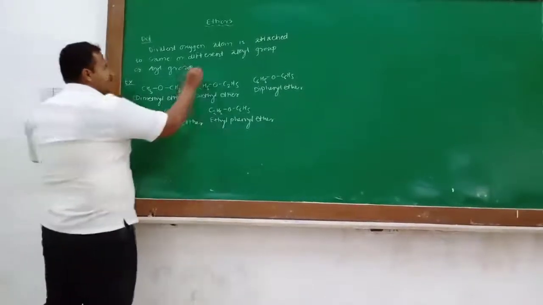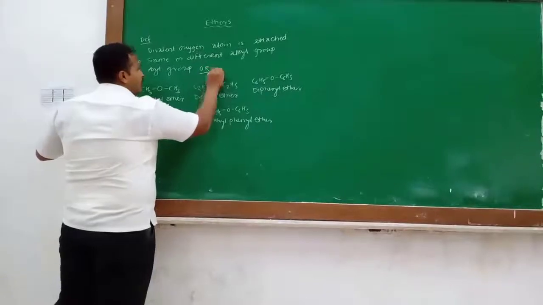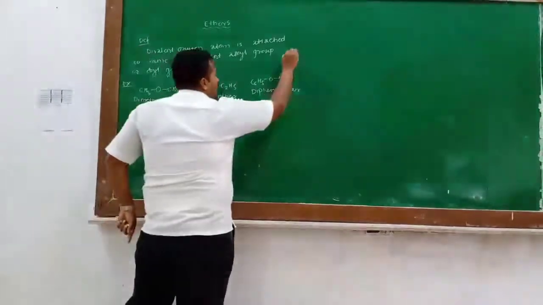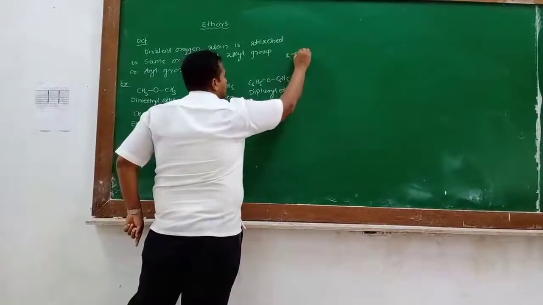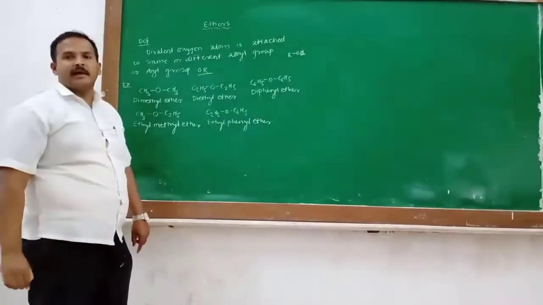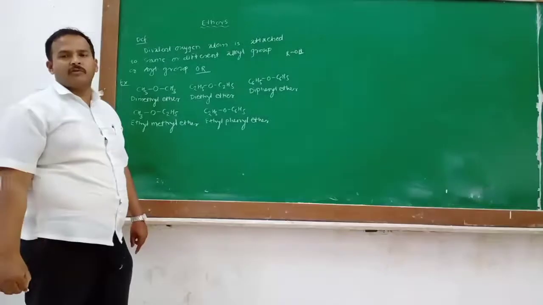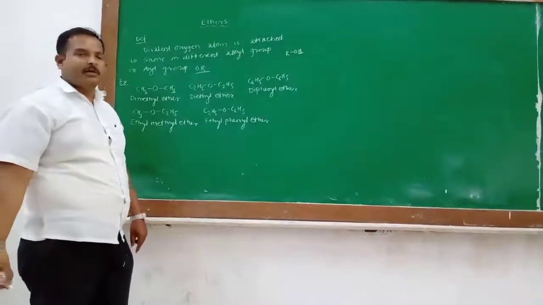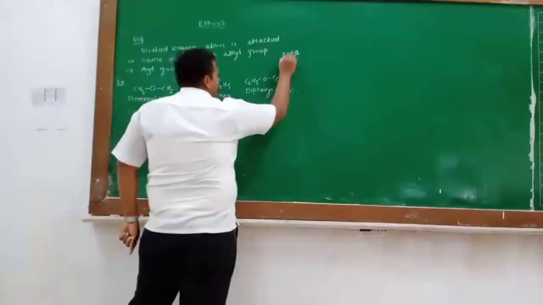You know that another definition: the general formula of alcohol is ROH. This H is replaced by an alkyl group or aryl group, and the new compound formed is also called an ether. R is nothing but the alkyl.